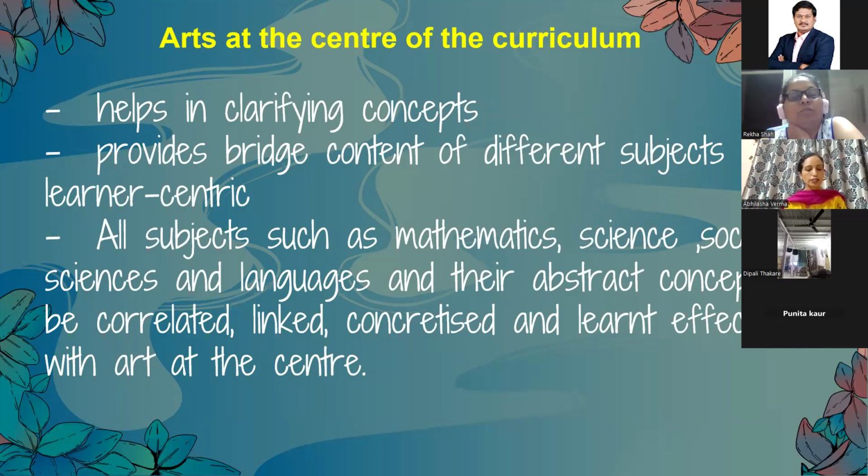All the subjects such as maths, science, social science, languages, and their abstract concepts can be correlated, linked, concretized, and learned effectively with the art at the center. Like all the subjects are integrated. In almost every subject, whether it is math, science, social, physics, chemistry, bio, whatever, the art form will come in between. So learning by this method becomes holistic, joyful, and experiential learning for the students.